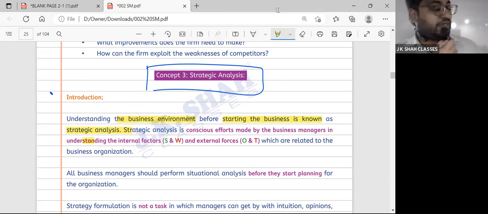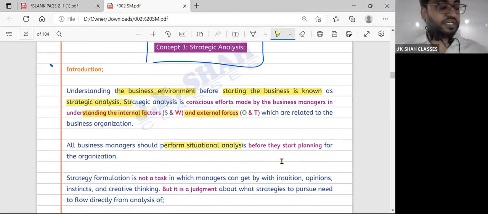You will have to understand the internal factors and environmental forces. You need to perform situation analysis before start planning for the organization. You need to think about what sort of organization you want to create. What will be the strength, what will be the weakness, what are the opportunities, what products you will sell, what services you are going to offer. You should give them everything.